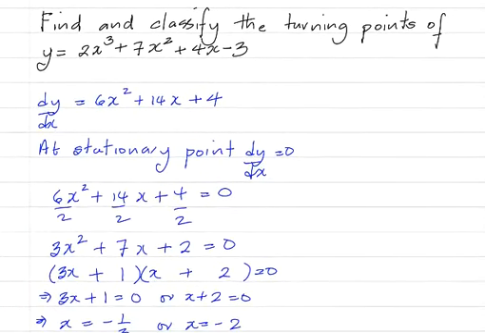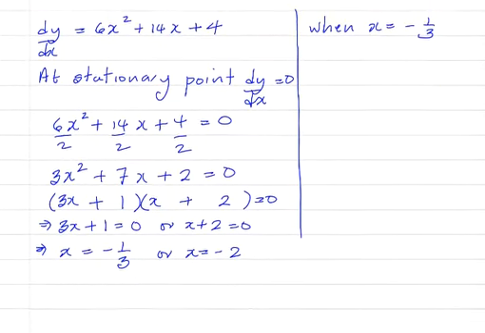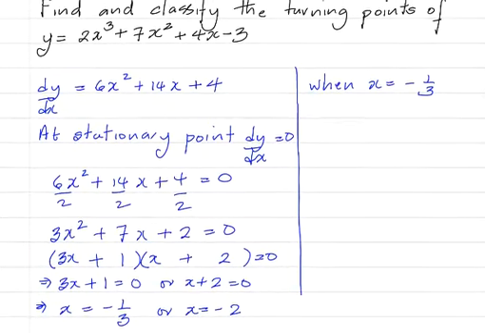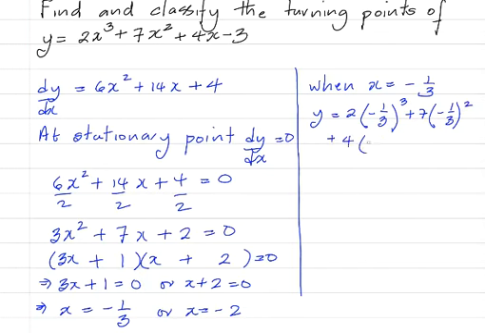So going back to the equation, when x is equal to minus 1/3, which is one of the values of x, y would be equal to 2 times minus 1/3 cubed plus 7 times minus 1/3 squared plus 4 times minus 1/3 minus 3.